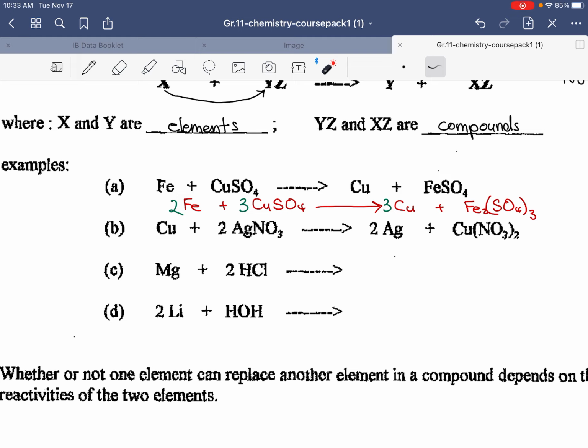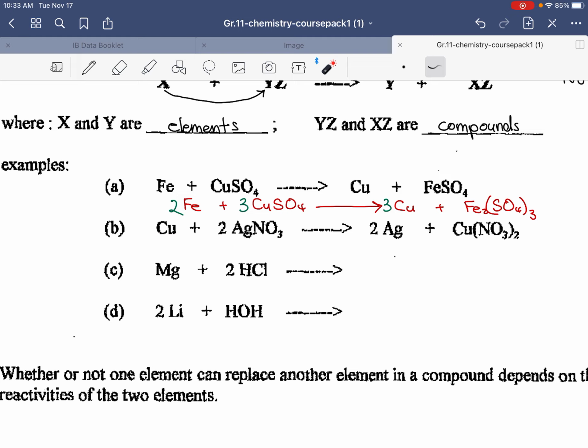Okay. All right. B is also something I did for you. This time, of course, we're seeing copper reacting with silver nitrate. Copper displacing the silver. Okay, not copper displacing the nitrate. That's not going to happen. Copper is going to displace the silver because metal displaces metal, leaving silver all alone. Copper will now bond with the nitrate, as you see here with copper 2 nitrate. Yet again, this copper is acting as a copper 2.